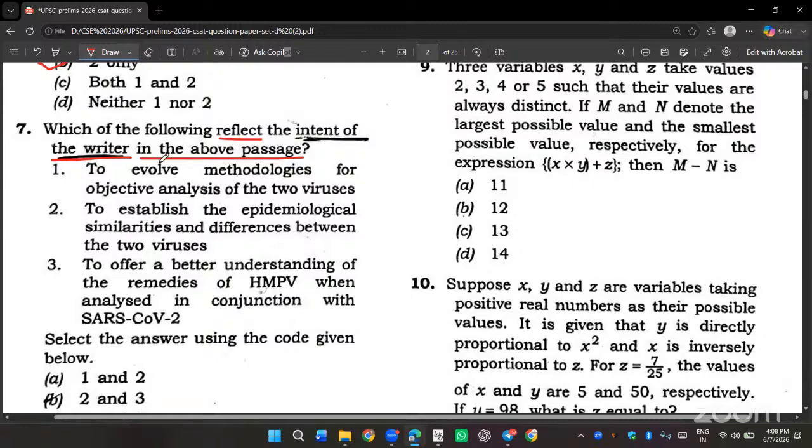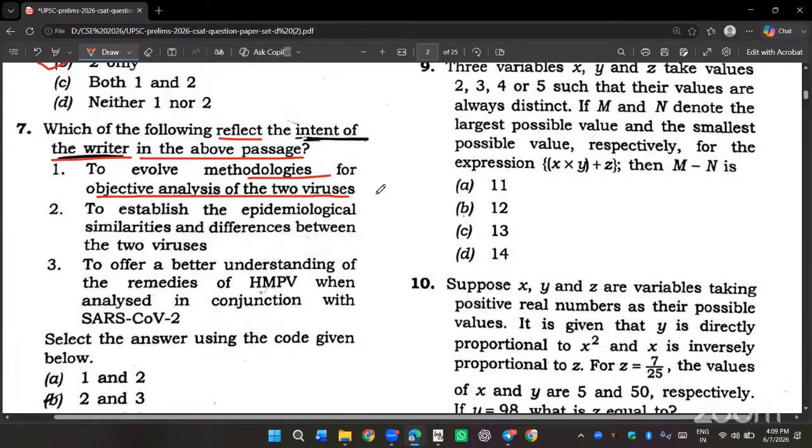So, intent of the writer in the above passage. Already we have completed the passage. We need not worry about it. Now, we will go to the question directly. To evolve methodologies for objective analysis of the 2 viruses.